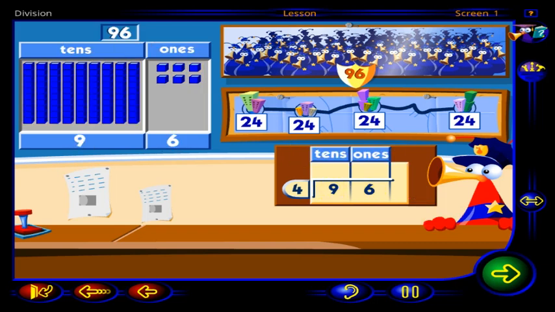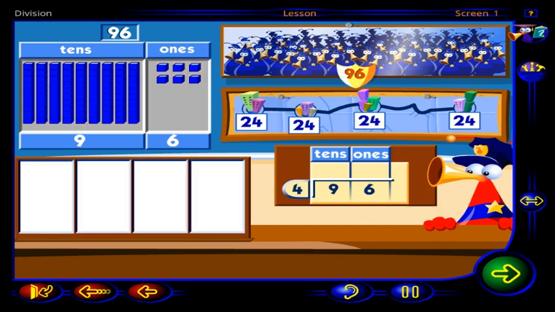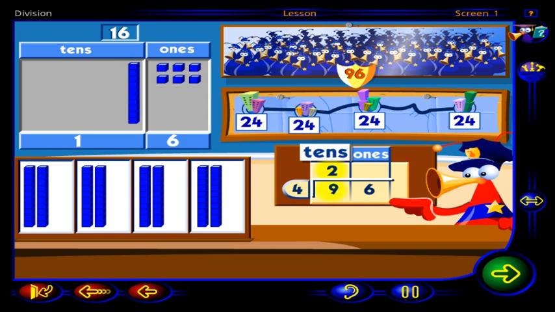Now, when we divided these blocks into 4 equal groups, first we divided 8 of the 9 tens by putting 2 tens in each group. So, to show this, we can write a 2 in the tens place above the 9 here.